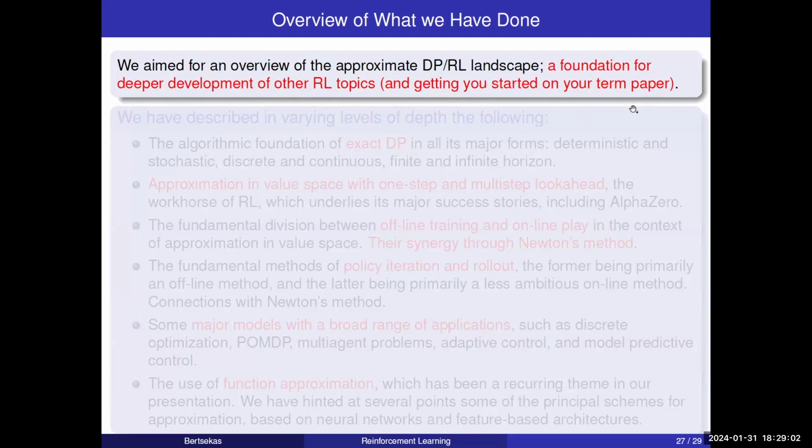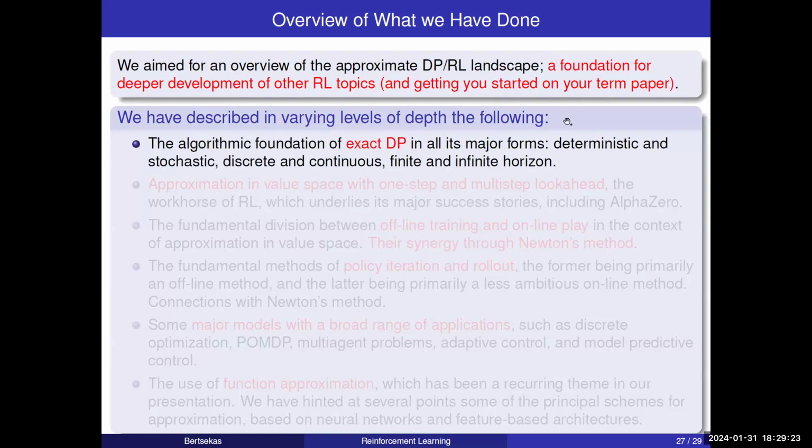And next week, I'm going to give guidelines about the term paper. But basically, you can go in any direction you want for your term paper, but I think the first 4 lectures give you the broad picture of the reinforcement learning landscape within which you can start exploring.